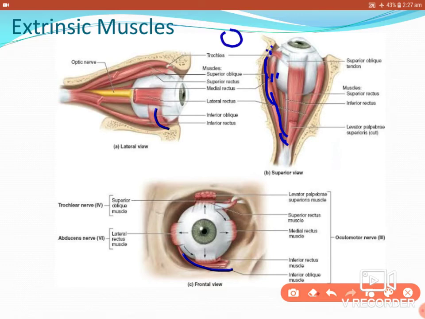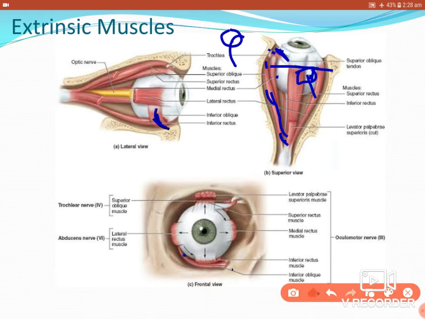You can see this fibrocartilaginous pulley, which is attached to the trochlear fovea on the orbital surface of the frontal bone. Then the tendon enters through that pulley, goes downwards and laterally, then attaches to the posterosuperior quadrant of the sclera behind the equator. Then see the inferior oblique.